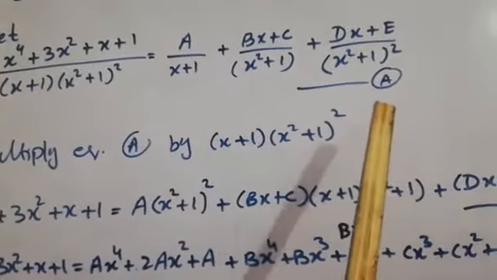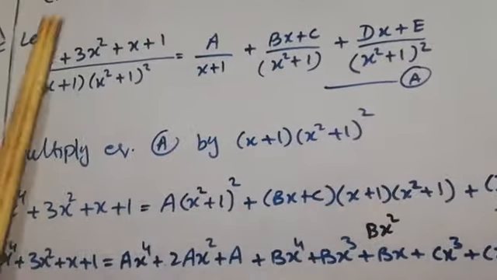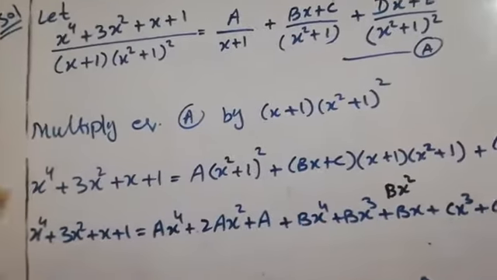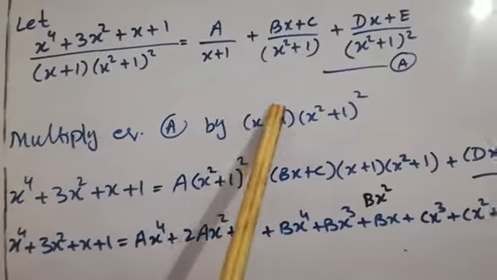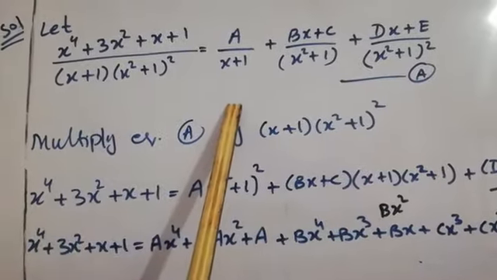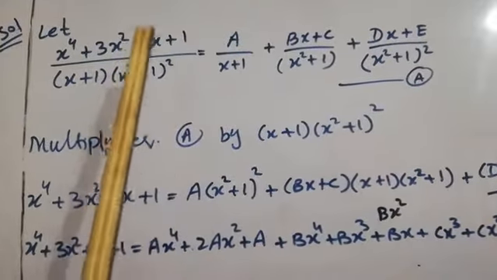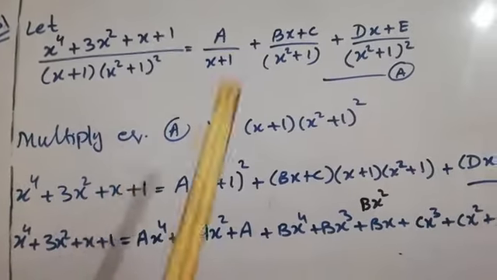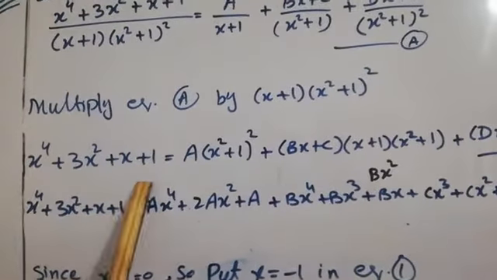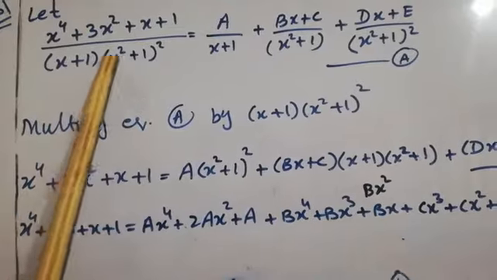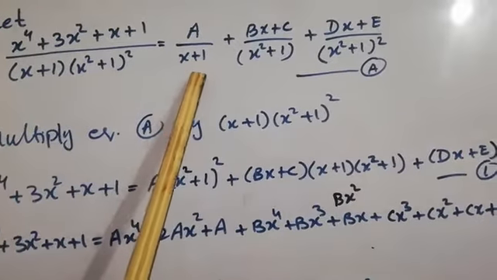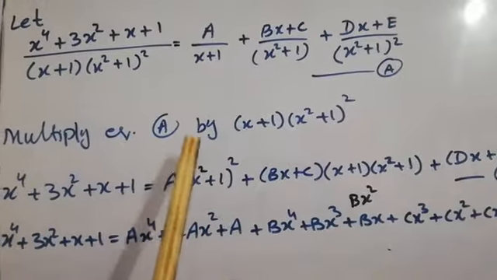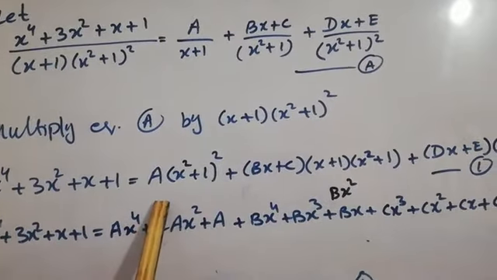This is an identity. This is equation 1. Identity means it will satisfy all the values of x. Now to remove the denominator, we will multiply the whole equation, all the terms, by x plus 1 into x square plus 1 whole square. In this way the denominator will be cancelled completely with the numerator, and here x plus 1 will be cancelled and x square plus 1 whole square will remain the same.